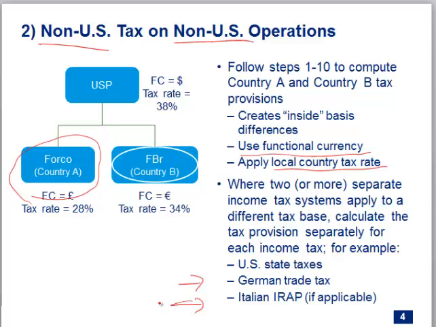Inside basis difference just means it's a temp item within the UK. The reason it's relevant that it's inside is that in a minute we're going to talk about outside, and outside means the US's investment in the UK. So it's not a UK issue, it's a US issue of the parent. Inside just means inside the UK company, what temp items do they have for UK purposes?